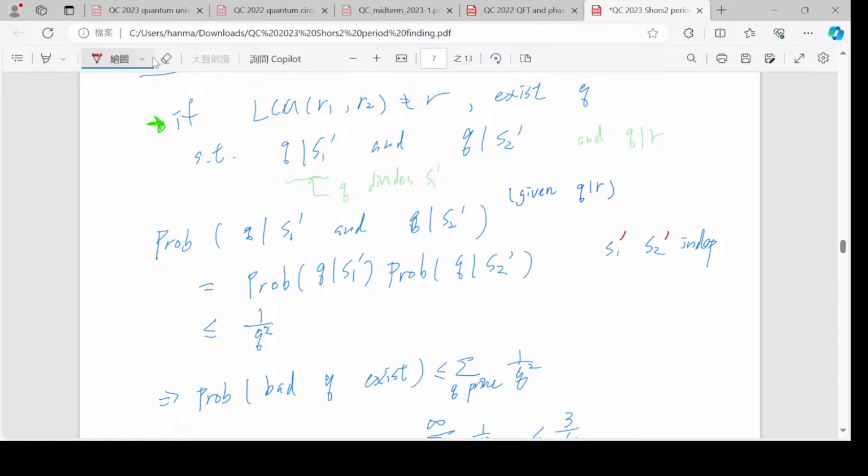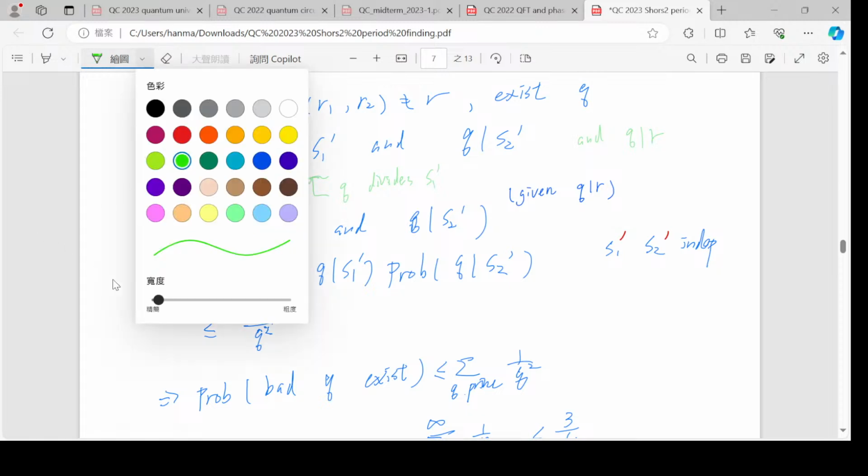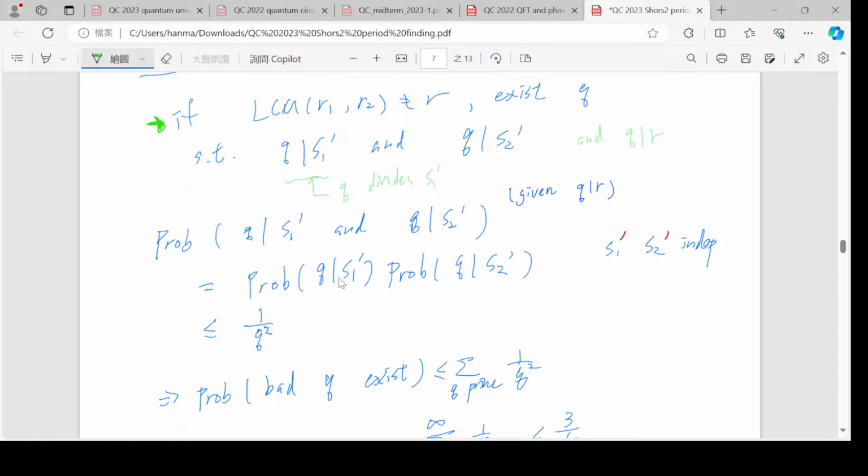Okay, so on the high level, when you divide something by Q, the possible remainders are 0, 1, up to Q minus 1, right? So it's about 1 over Q probability to get a given remainder.